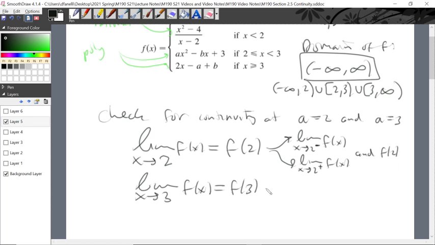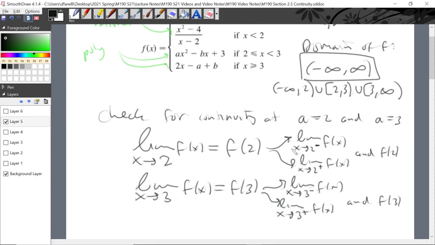To check the continuity at 3, similarly, we're going to take the limit from the left as x approaches 3 from the left of f of x, and we're going to take the limit from the right as x approaches 3 of f of x, and we're going to check f of 3. We have to verify that all three of those are equivalent for this function.